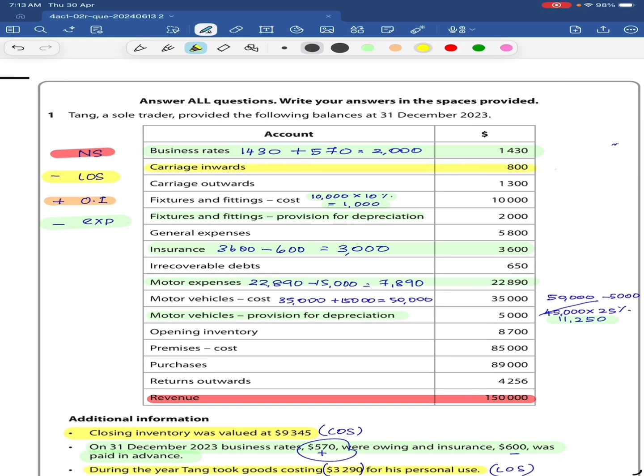Carriage outwards, you go under expense. General expense goes under expense. Irrecoverable debt is an expense. Opening inventory, cost of sales. Premises at cost does not reflect in the income statement. Purchases, cost of sales add. Return outwards, cost of sales deduct.